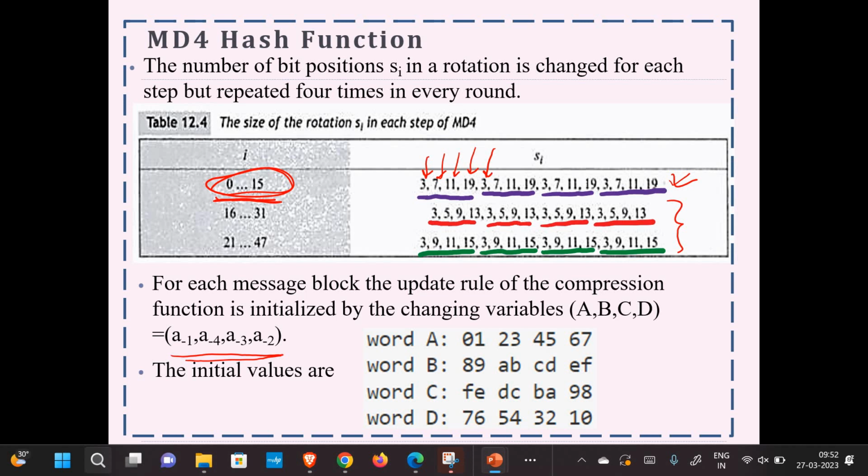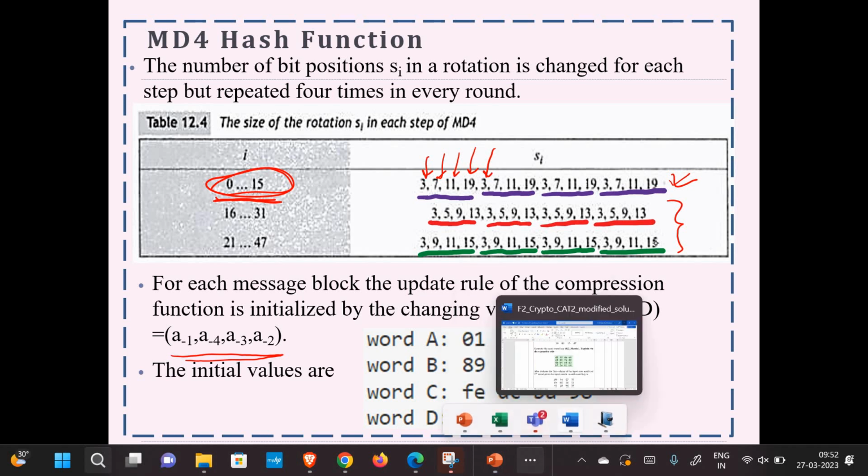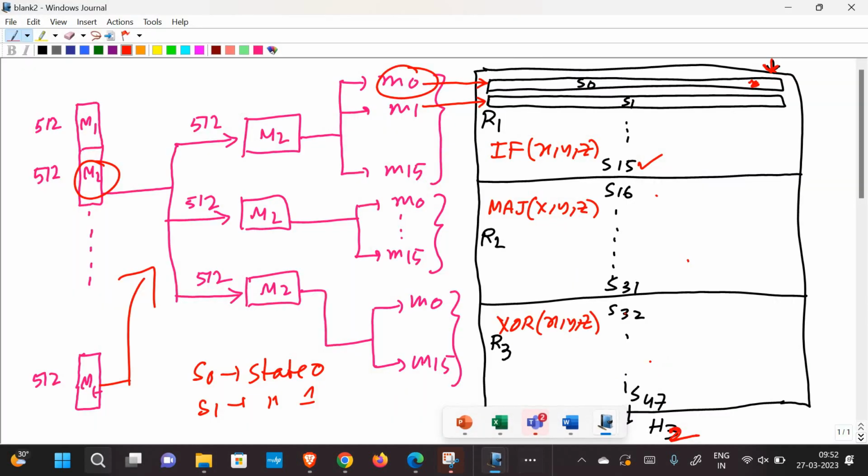So the logic is, if I go back to the diagram where we ended our discussion, just to recap on what we've done: we have 512 bits of original data, which is padded first of all, and those individual 512 bits are divided into 32 bits each, like 16 odd data words. So that's why M0 to M15.